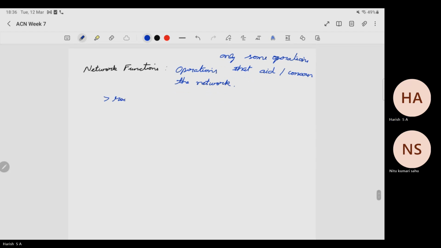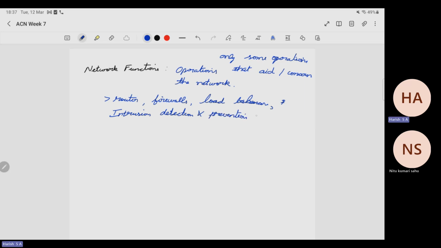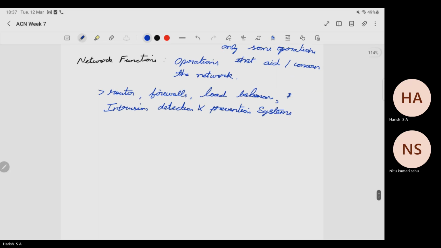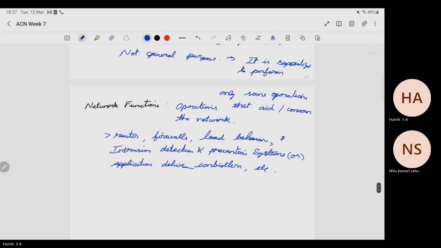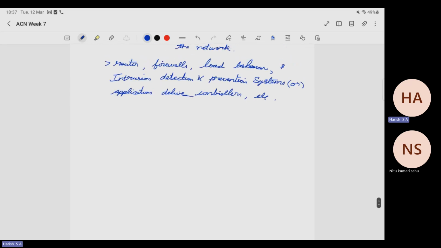They could be things like router, firewalls, load balancers, intrusion detection and prevention systems, or application delivery controllers, etc. So it could be any one of these things or even more than this, right?